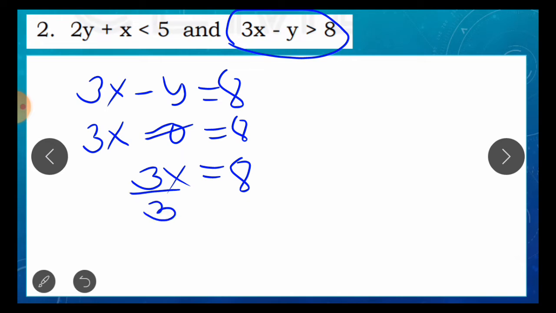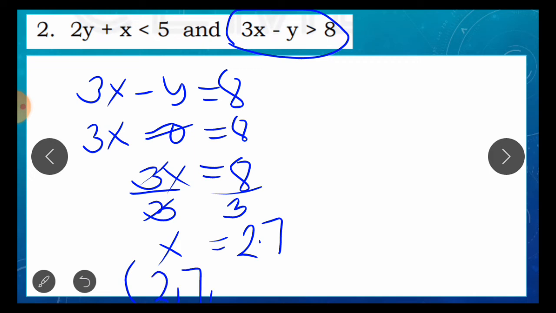Then divide both sides by 3. So therefore, x is 8 divided by 3, which is approximately 2.7. So our x-intercept is at 2.7 of x and 0 of y.